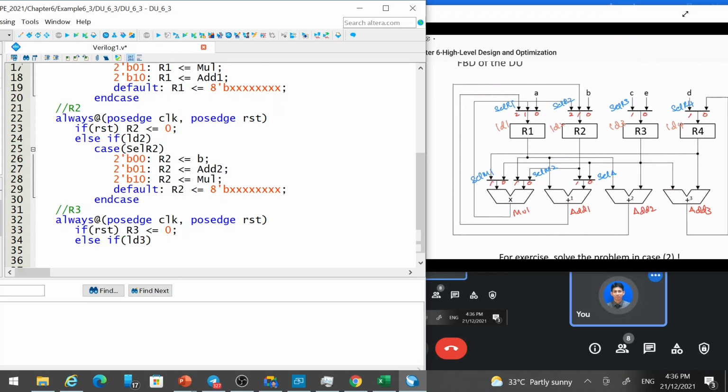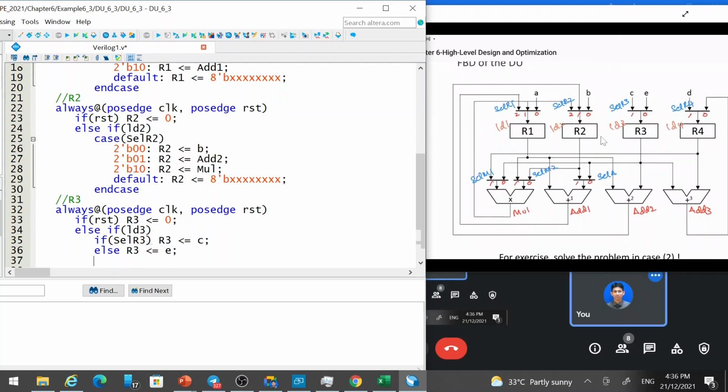To describe the multiplexer here, because this is 2 to 1, you can use only if SEL R3 equal to 1, so R3 is equal to C in this case, else R3 should be equal to E in this case. Should be done for R3.